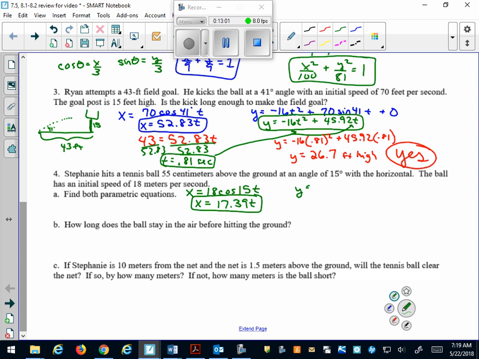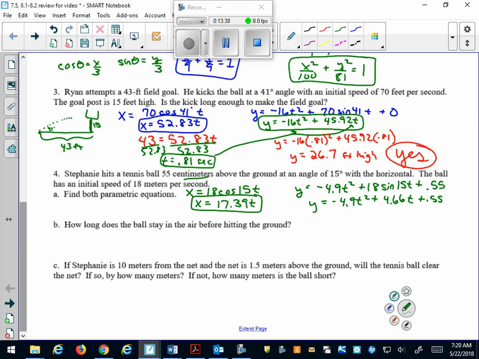This is y equals, since we're with meters now, negative 4.9t squared plus 18 sine 15t plus 0.55, because 55 centimeters is 0.55 meters. So this turns out to be y equals negative 4.9t squared plus 4.66t plus 0.55.